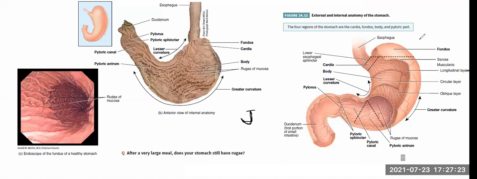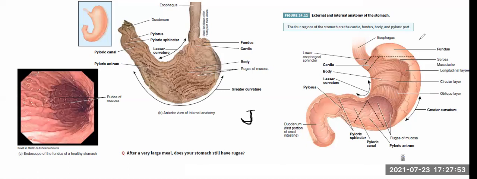In the stomach, the early digestion of proteins and triglycerides occurs, because your gastric juice has proteases and gastric lipase. Proteases digest proteins, and lipase digests triglycerides or lipids.